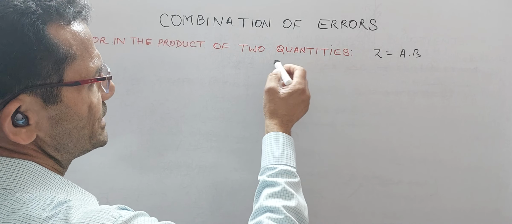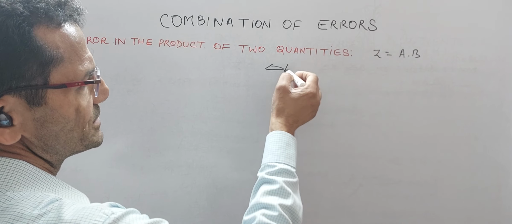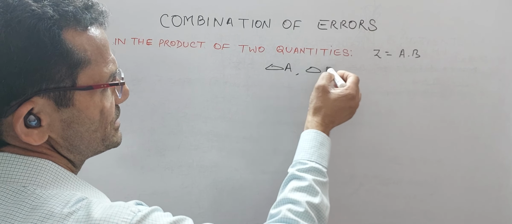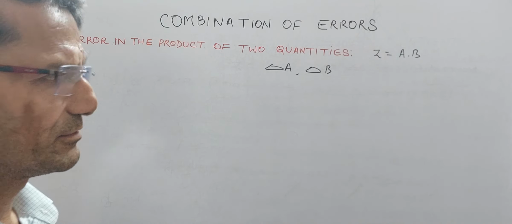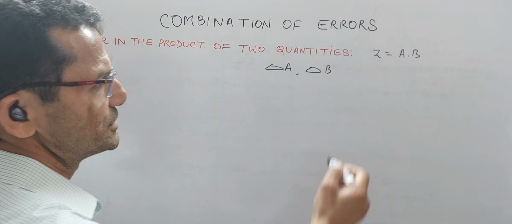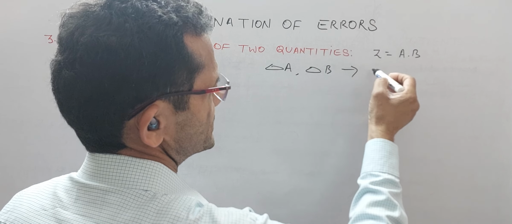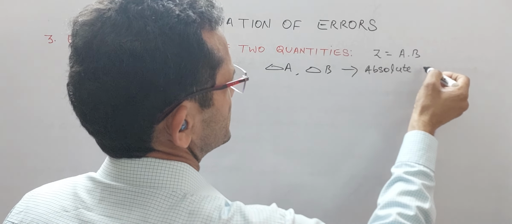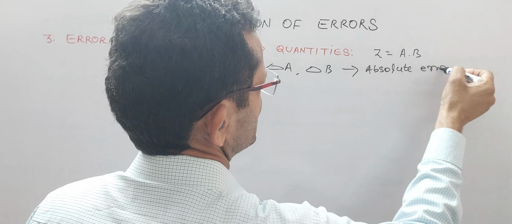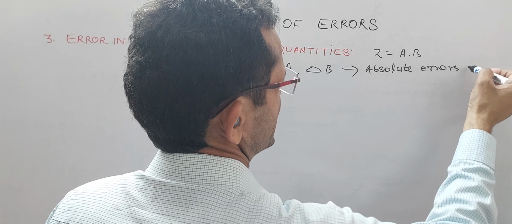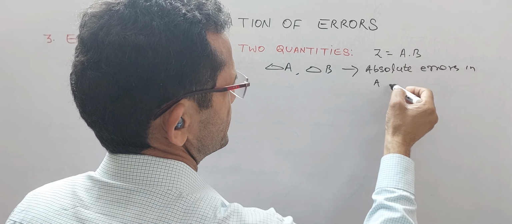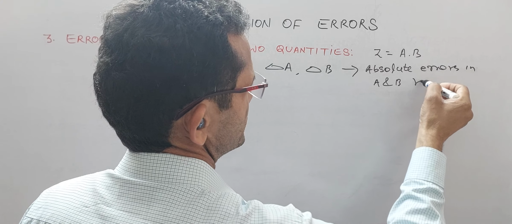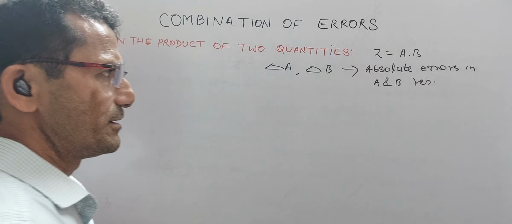Here the error in A is delta A and the error in B is delta B. So delta A and delta B are the absolute errors in A and B respectively.